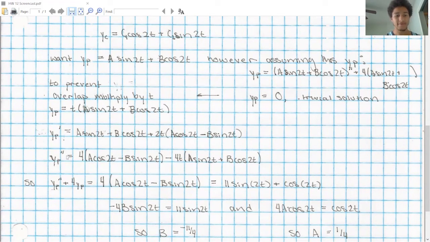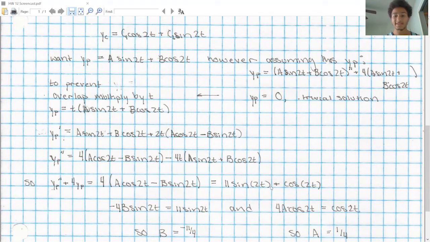Okay, so we have this term, and then this is negative 4 times t, same kind of thing. So this is going to cancel out with this right here, okay? So we add these two together, and we're going to get on the outside a 4, and then we're going to have a times cosine 2t minus b sine 2t, okay?